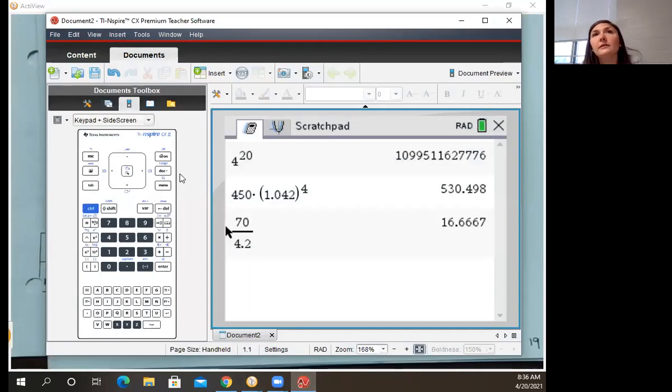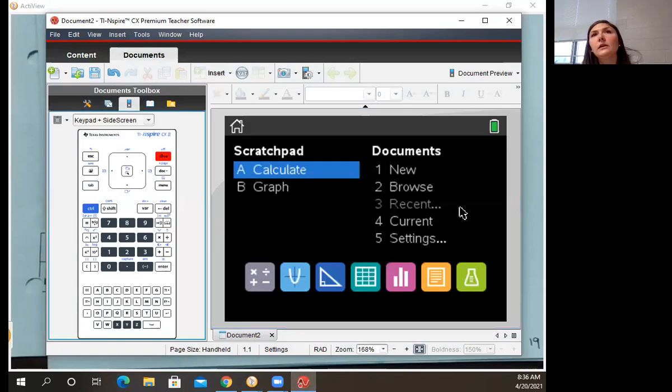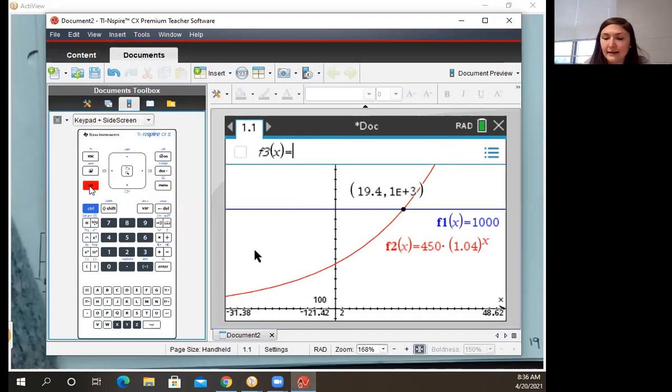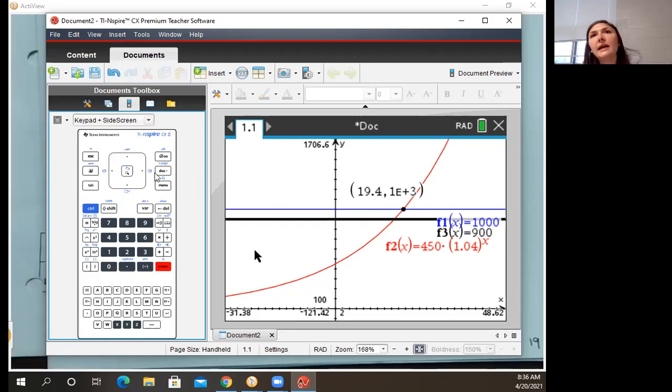we got. So let's go back to our current graph and let's graph 900. That would be a double of our money. So at 900, I want to know what's the intersection here with my red exponential graph and my black linear graph.